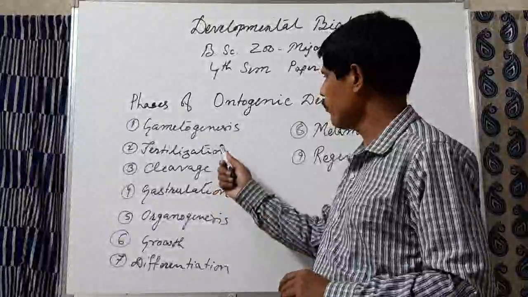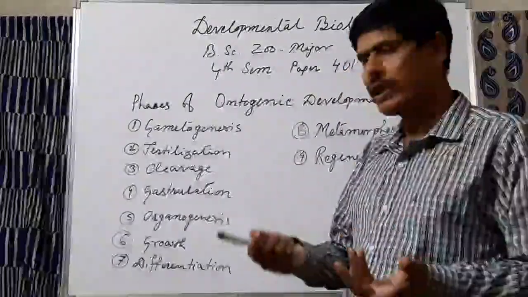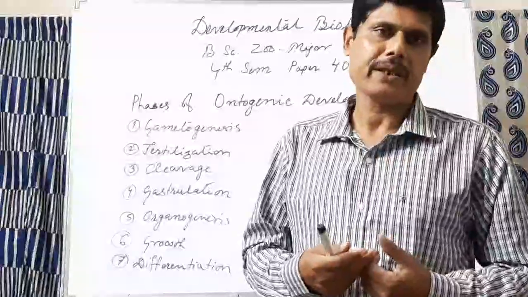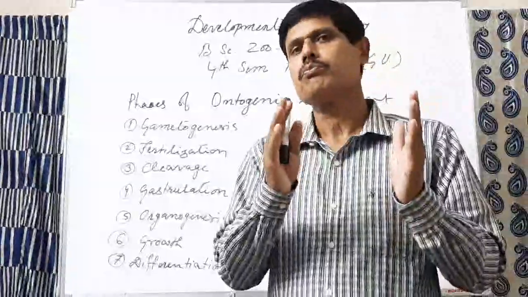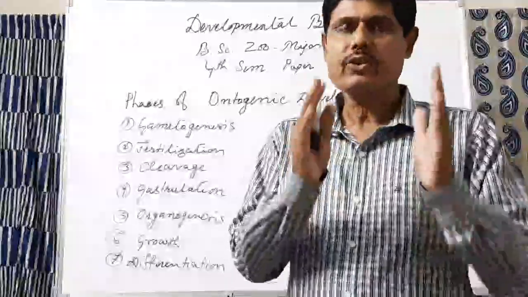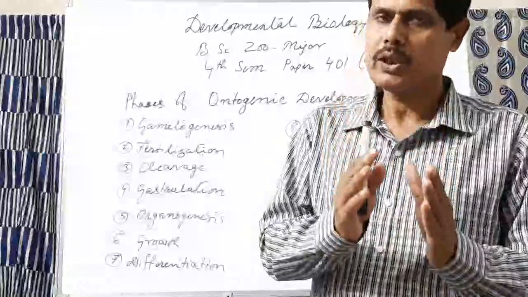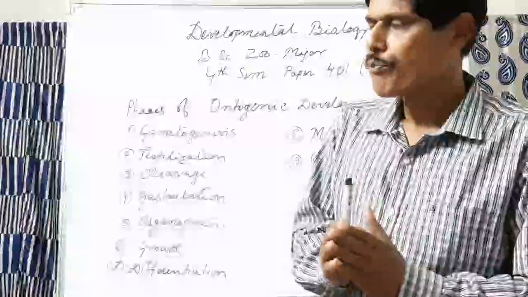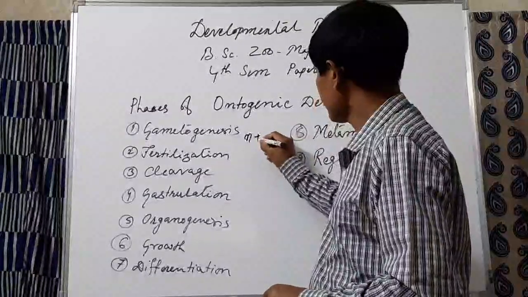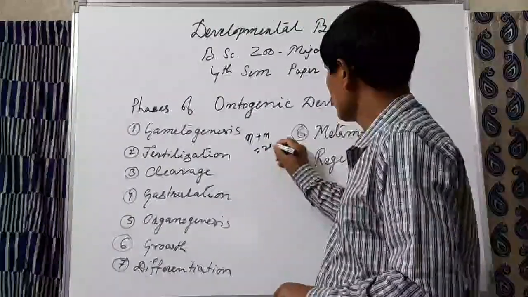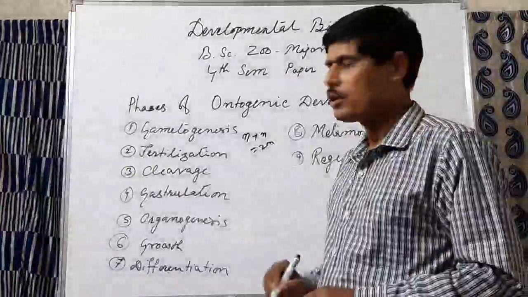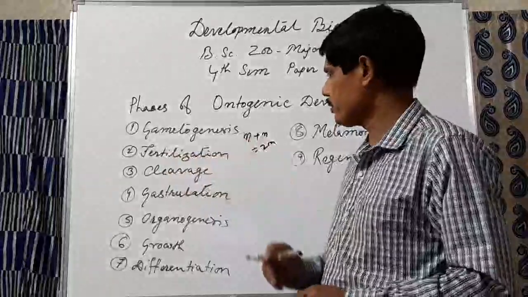The next process is fertilization. As we know, every living being has a constant chromosome makeup. To maintain the standard and fixed chromosome number of the individual or of the species, n plus n, twice n, must be maintained through fertilization.